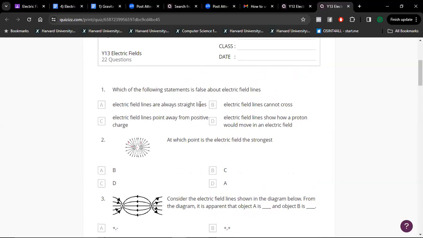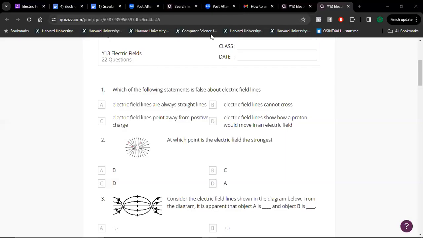The question says which of these are false. Oh, sorry, my screen just changed, so you can't see it. Sorry. Okay, so this asks which is false.